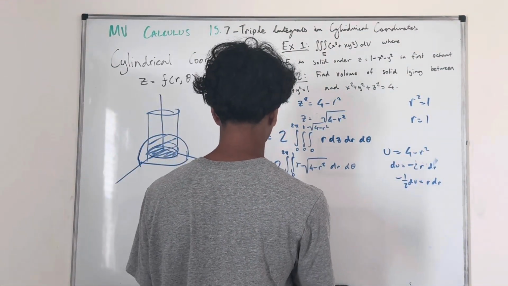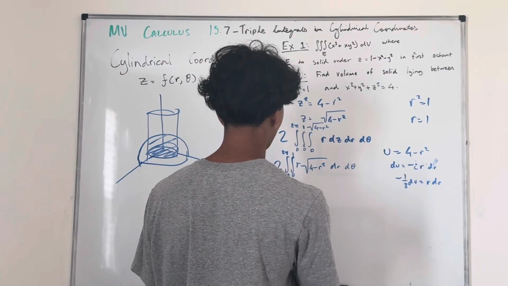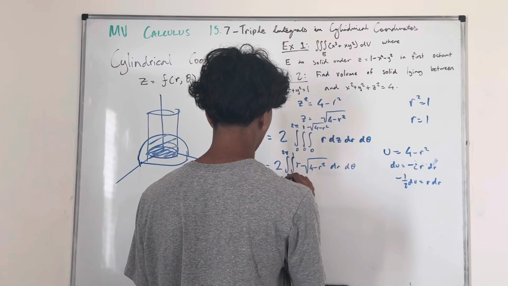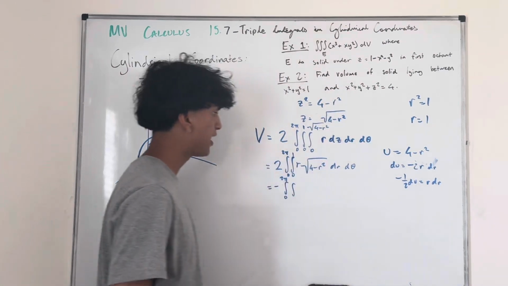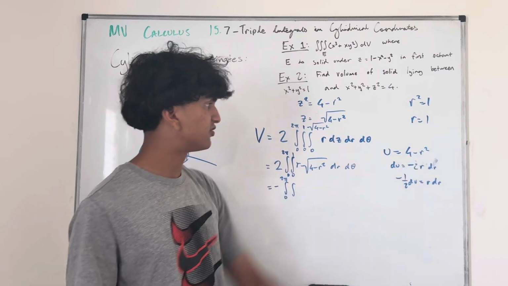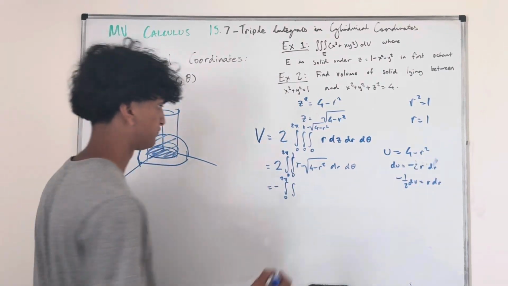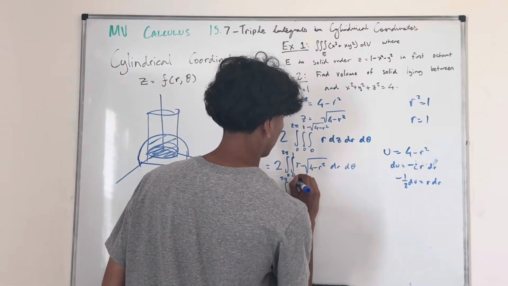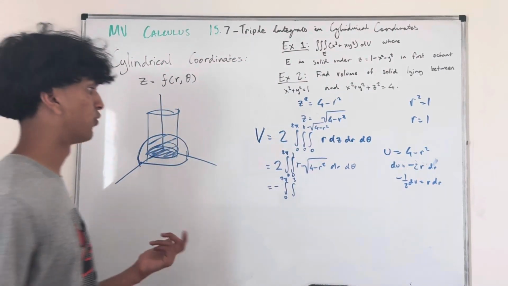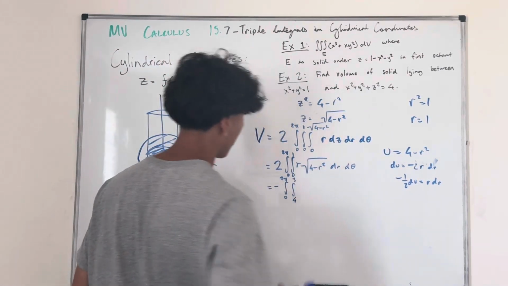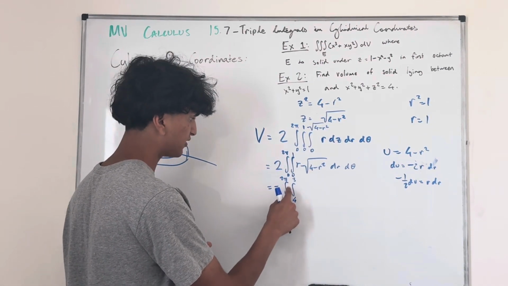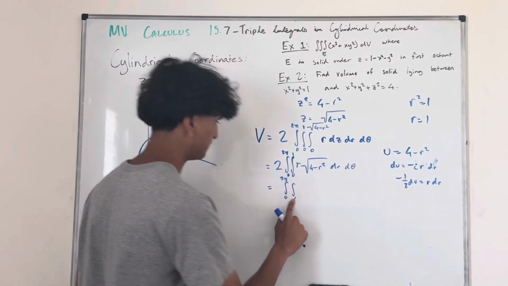I would get negative 1/2 times 2, which is just negative 1, from 0 to 2 pi. For our bounds, when I plug in 1 here, I get 4 minus 1 squared, that's 3. When I plug in 0, I get 4 minus 0 squared, which is 4. And by the integral properties, I can switch the bounds and get rid of this negative. I can pull the negative in and then switch the bounds to go from 4 to 3.